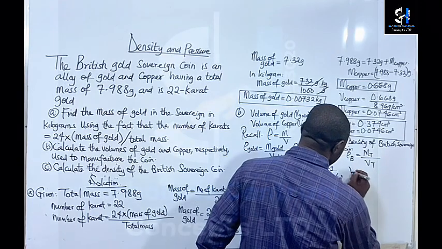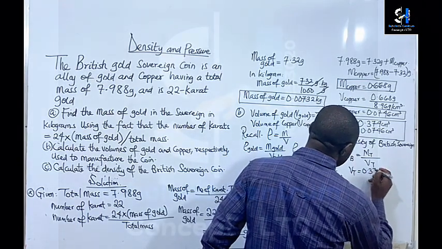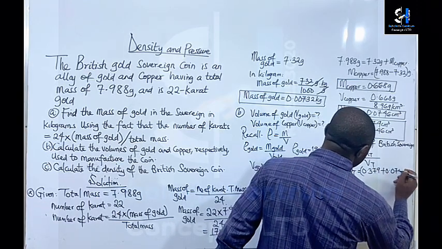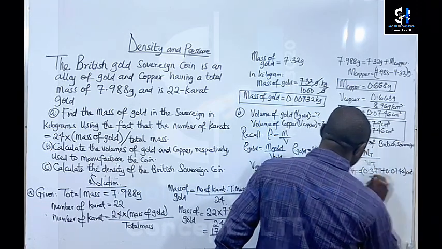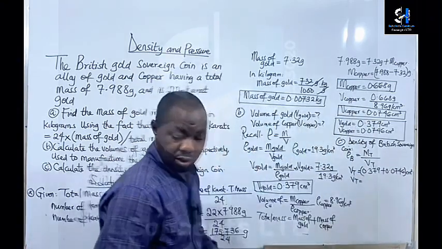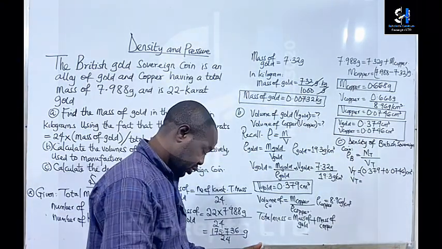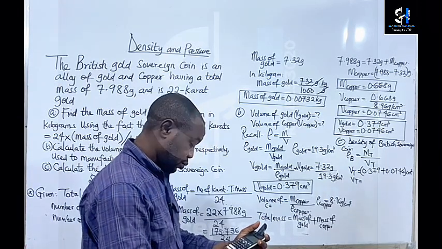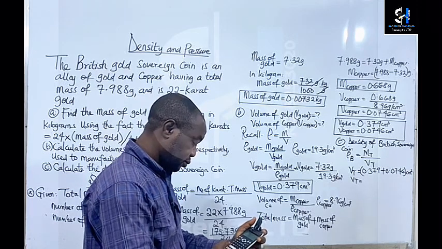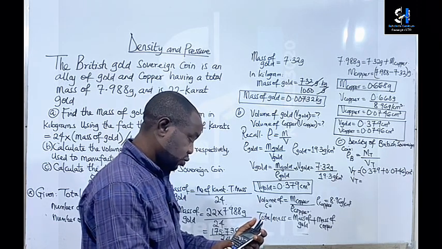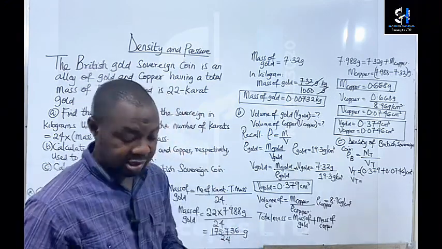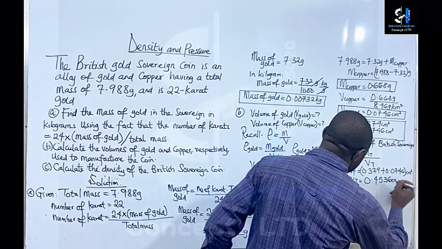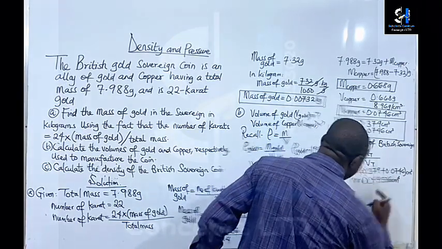Now the total volume will be 0.379 plus 0.0746 cubic centimeters. So let's add this together. 0.0746 added to 0.379, that will be 0.4536 cubic centimeters. So this is the total volume.